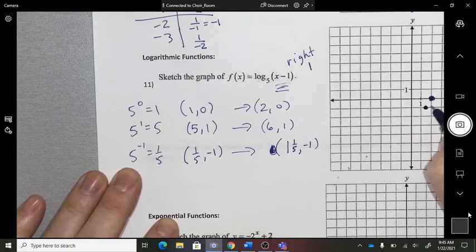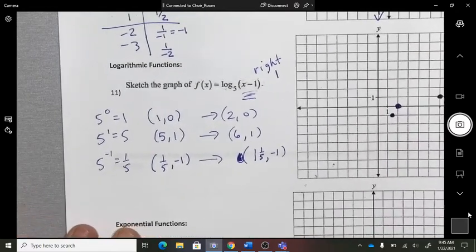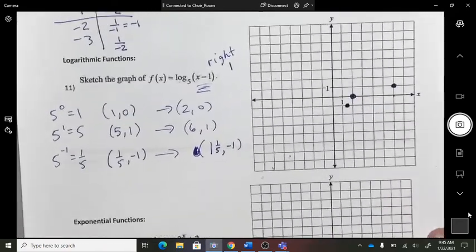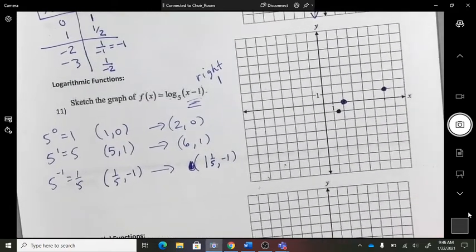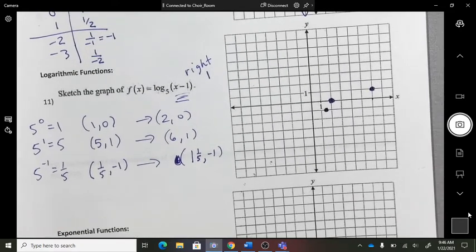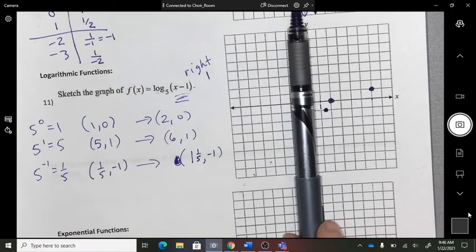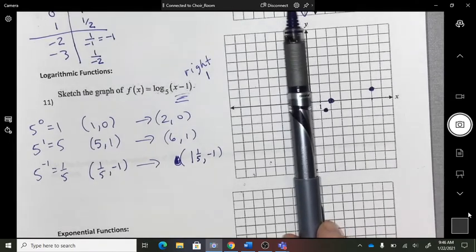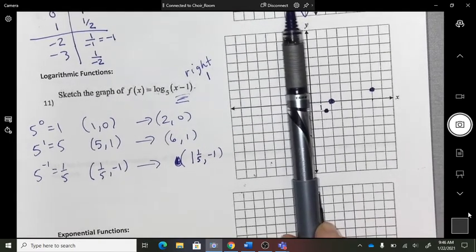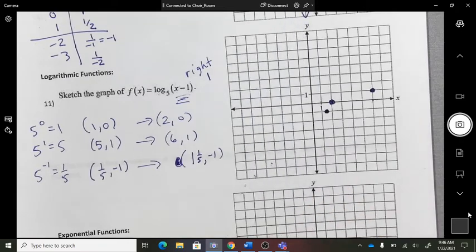Do you remember the basic shape of a log? There's an asymptote, right? Normally your asymptote's at 0, but we shifted everything right. So where's our asymptote going to be?